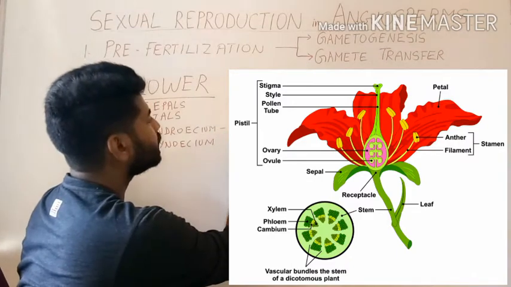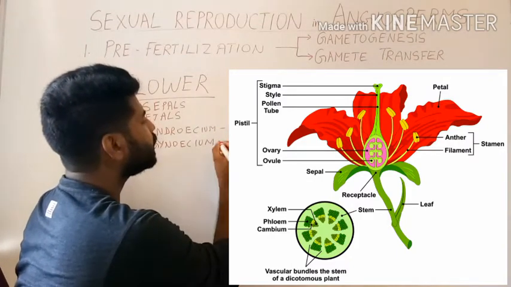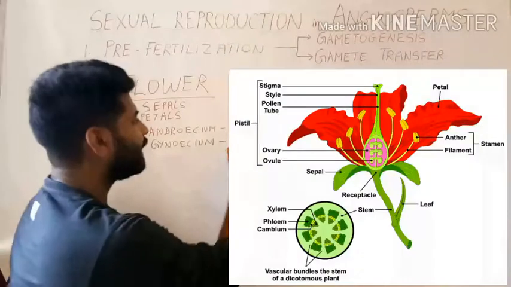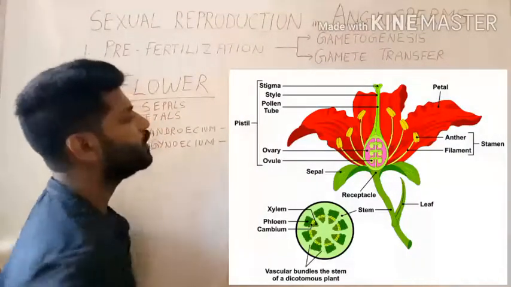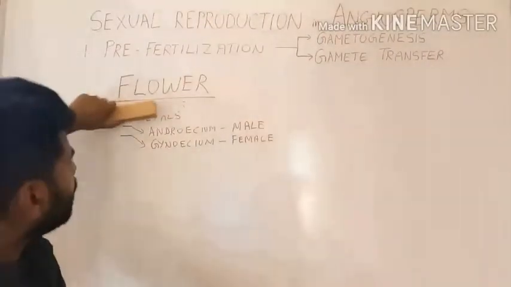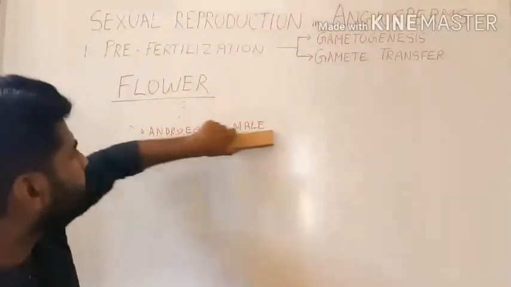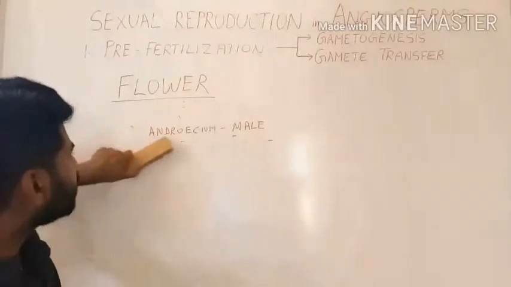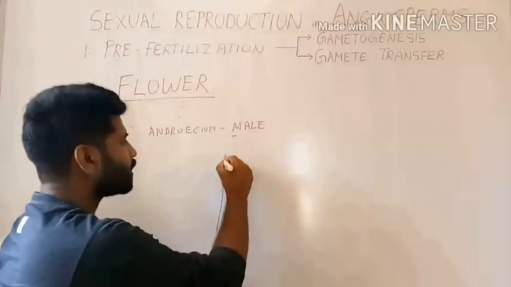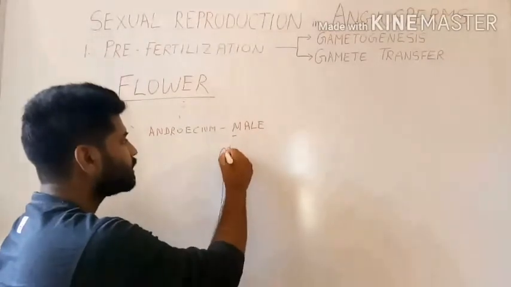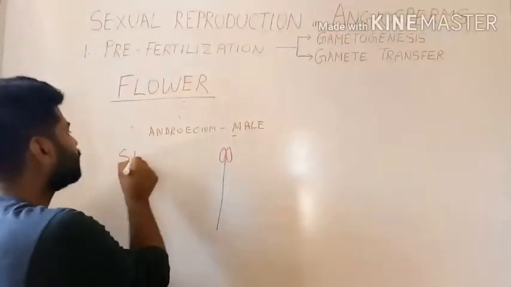Androecium is the male reproductive structure in a flower. Gynoecium is the female reproductive structure. The androecium, the male reproductive part, is represented by a structure known as the stamen.